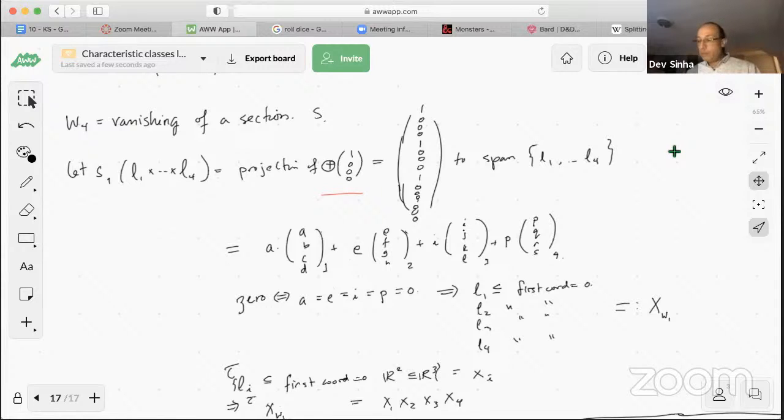And well, the projection of a vector onto the span of orthogonal vectors is just going to be the sum of its projections. So that's a great thing about orthogonal frames, or more generally any orthogonal spanning set. I can calculate projections.